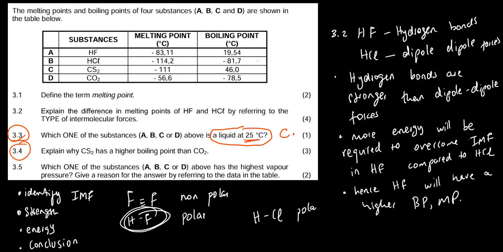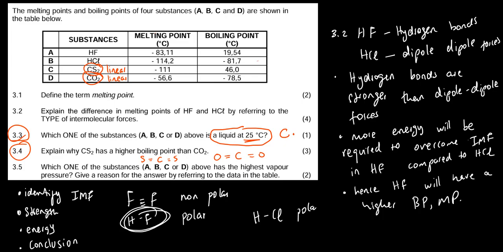This is linear and this is also linear, such that they are non-polar there. You understand? Those are non-polar molecules because you have O bonded to C bonded to O, and then CS2 is gonna be S, C, and then S. So both of them are gonna be non-polar, right?